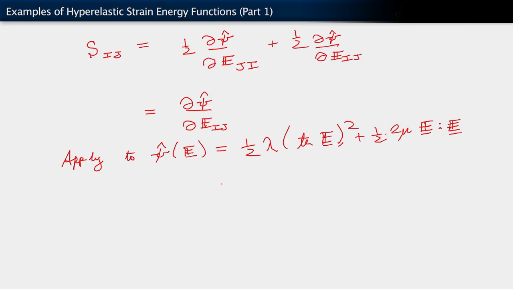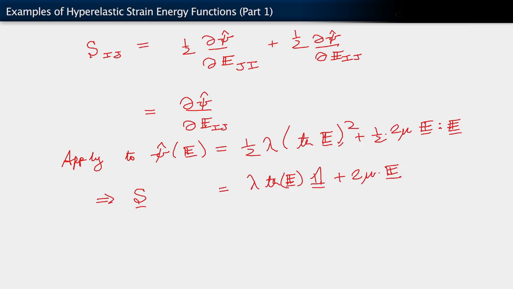What you will see is that S equals lambda trace E, okay, it's a scalar, isotropic tensor plus 2 mu E. Okay, so we have this nice simple result for the second hyperelastic stress.